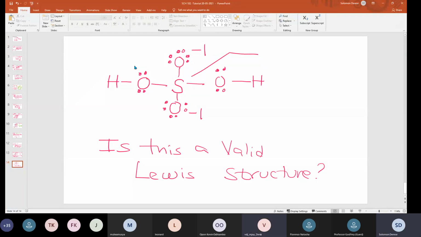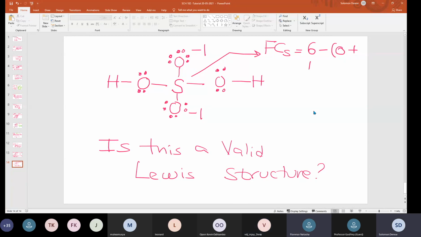So let me calculate the formal charge on the sulfur. The number of valence electrons of sulfur, just like oxygen, is 6. The number of lone pair electrons you see on the sulfur is how many? 0. Plus half the bonding electrons.